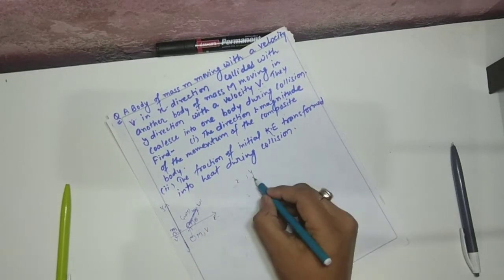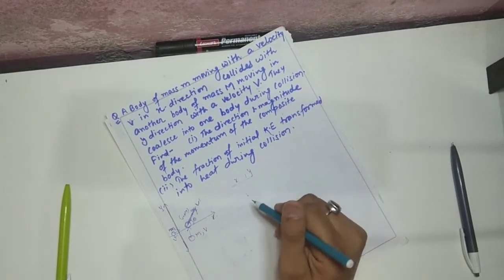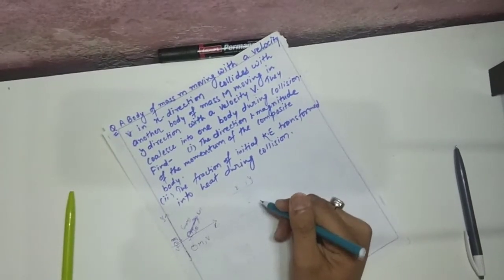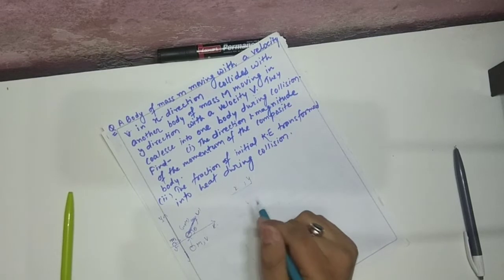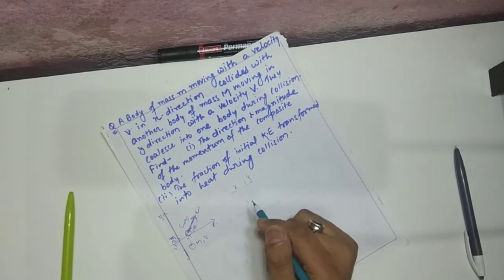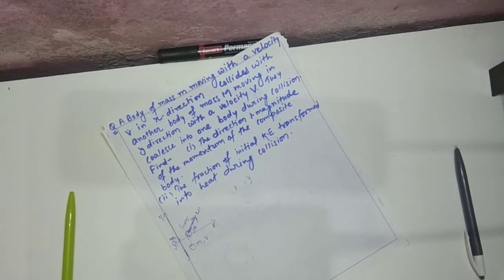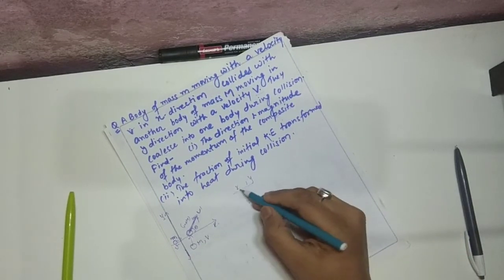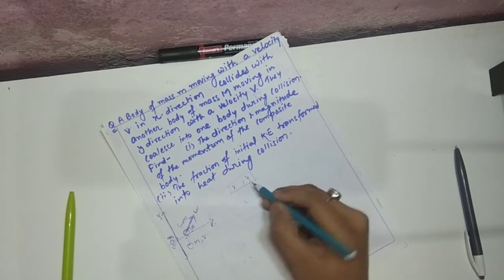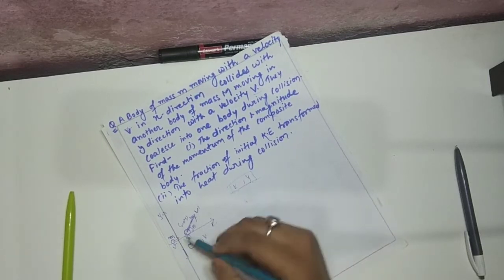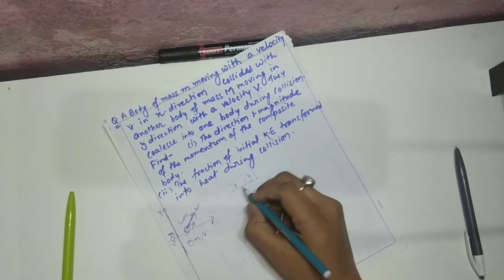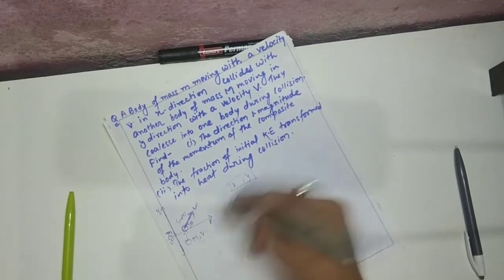First of all, this is a 2D collision. We need to remember that in a 2D collision question, we always need to focus on two things, the x direction and the y direction. So we need to conserve momentum in these two directions, x and y.